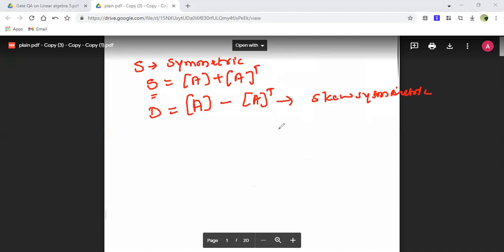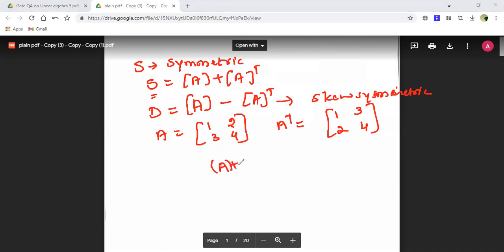Then we can check with an example. You can take any square matrix, say A is 1 2 3 4, a simple matrix. Then take its transpose, A transpose, which will be 1 3 2 4. Then A plus A transpose is 1 2 3 4 plus 1 3 2 4.